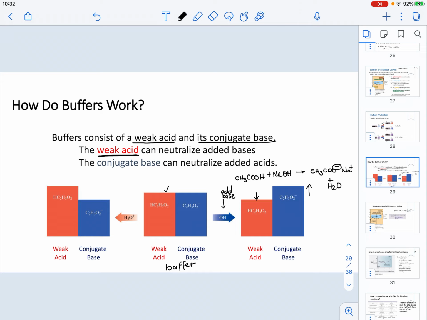Now, in the case that we have a buffer system but we are adding acids, then the conjugate base is the one that reacts with the incoming acid. So that's the case of what we have illustrated on the left side. If we have added acid in the system, in the case of this buffer with acetic acid, our acetate reacts with the acid and is going to form in turn more of our weak acid.